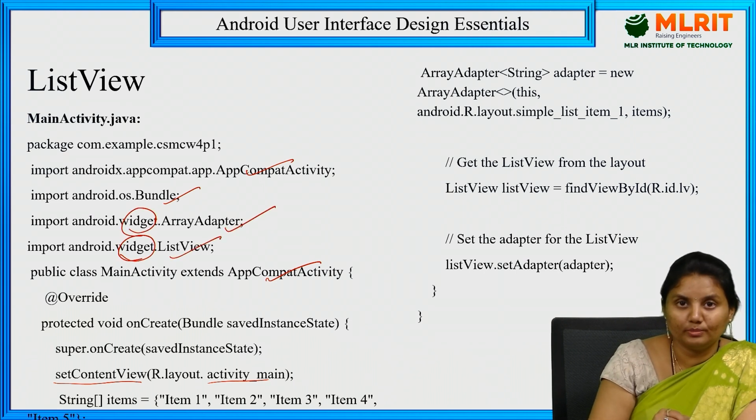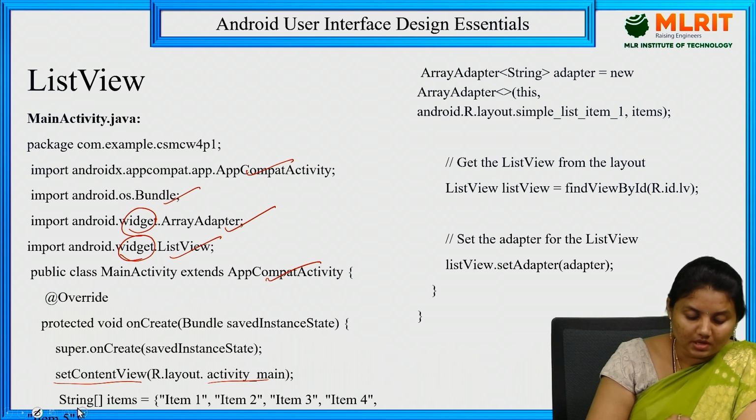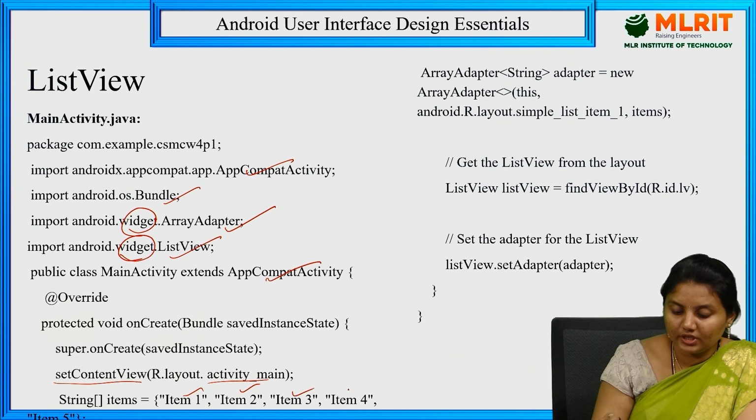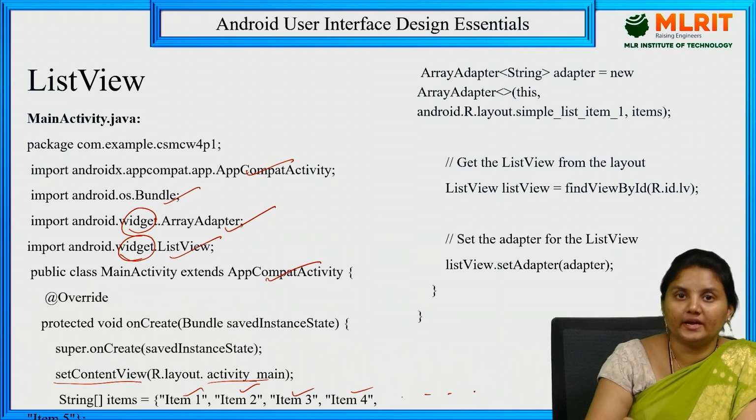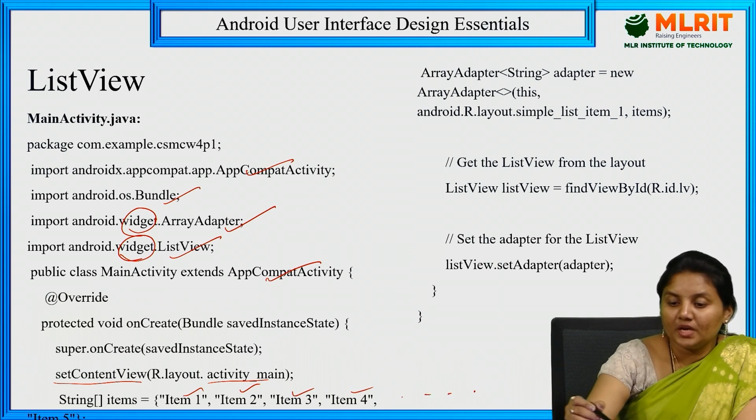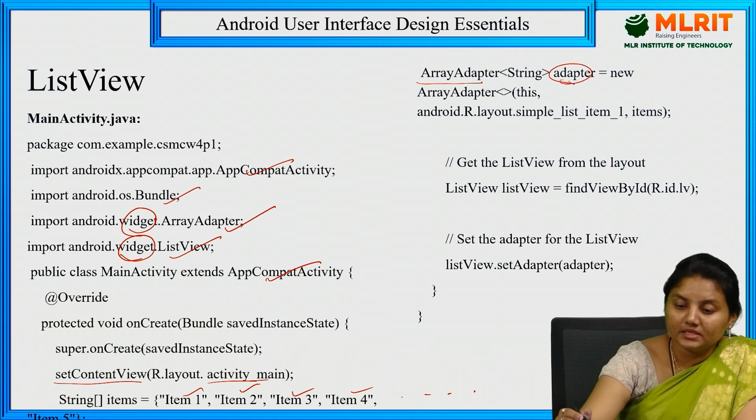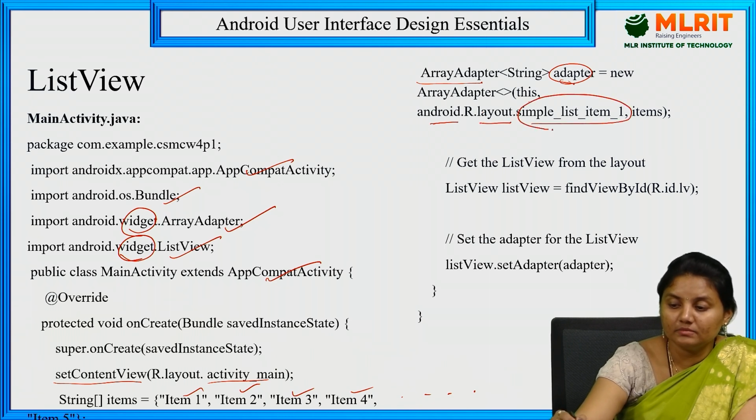These libraries should be included, because you need to include multiple items, 1, 2, 3, 4, and so on. Then you are using an array adapter, and this main activity is taking R.layout.simple_list_item, where all your items can be listed.